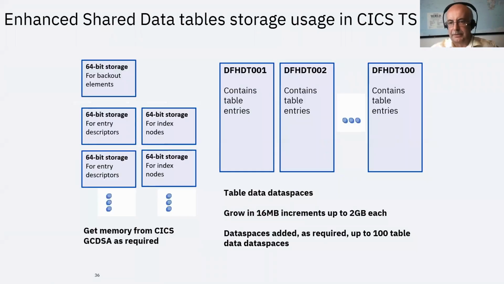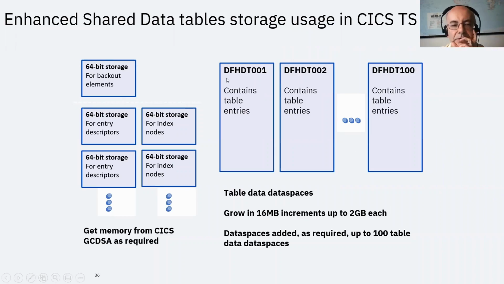So the way we're fixing this, and we're fixing it in open beta, this one won't be backported because there are too many changes involved. We've taken the decision to store that metadata, rather than in a data space, in 64-bit storage.